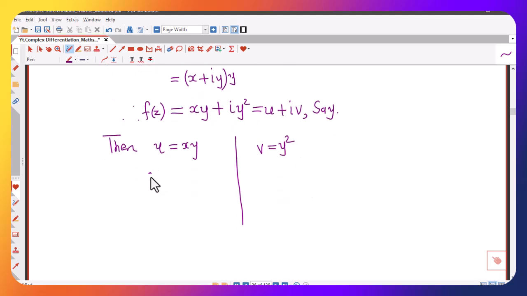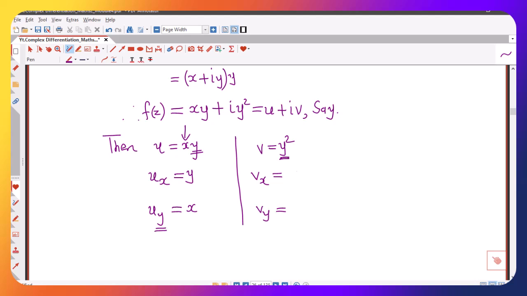Then as usual we determine first order partial derivatives of u and v, which are denoted by these notations ux, uy, vx, vy. Here u is x times y, and while differentiating with respect to x we consider y as constant and the derivative of x is 1. Similarly, while differentiating with respect to y we consider x as constant and the derivative of y is 1.